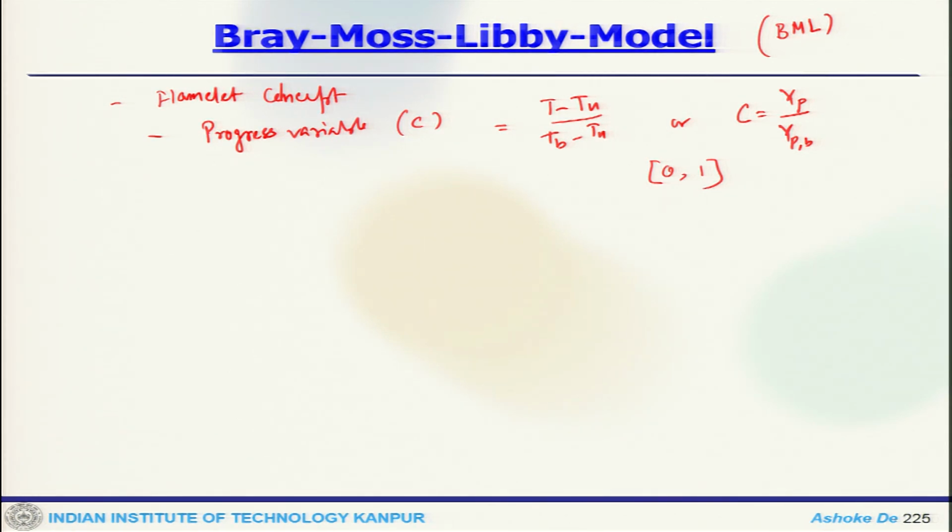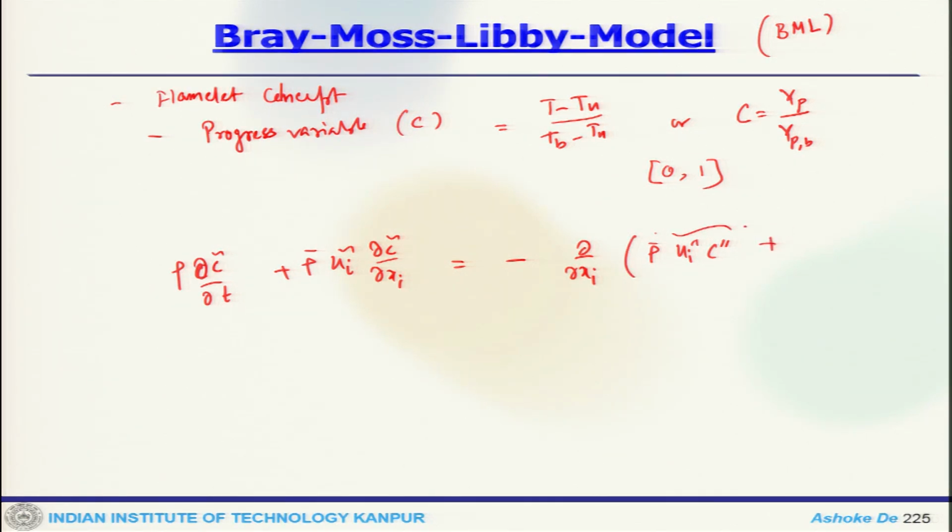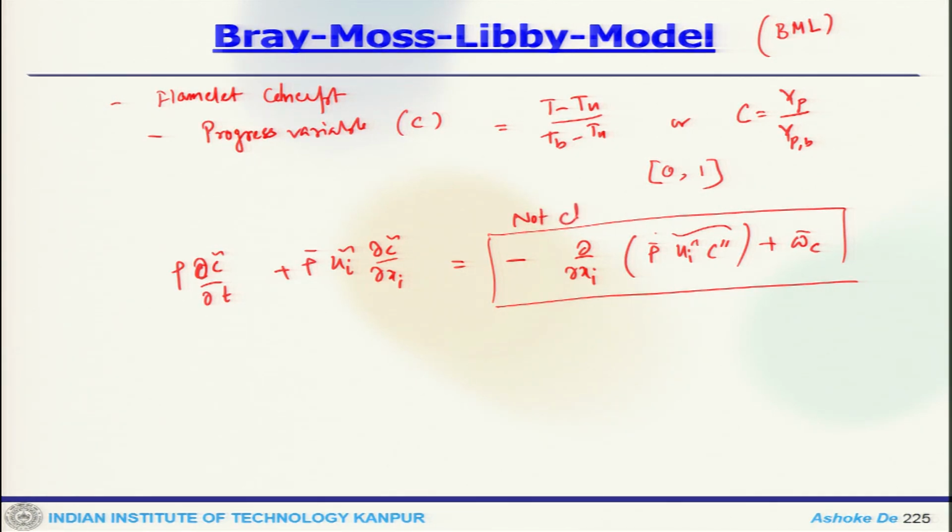Now, the Favre average transport equation, when you neglect the molecular transport, we get rho bar del C tilde by del t plus rho bar u_i del C tilde by del x_i equals minus del by del x_i of rho bar u_i' c'' plus omega_c. So these two terms on the right hand side, as we can see, are unclosed terms, so one needs closure for them.